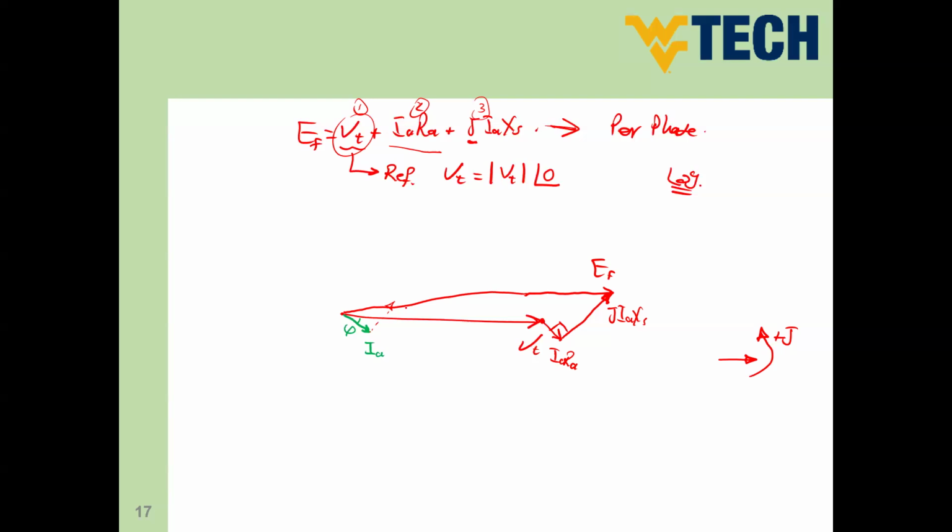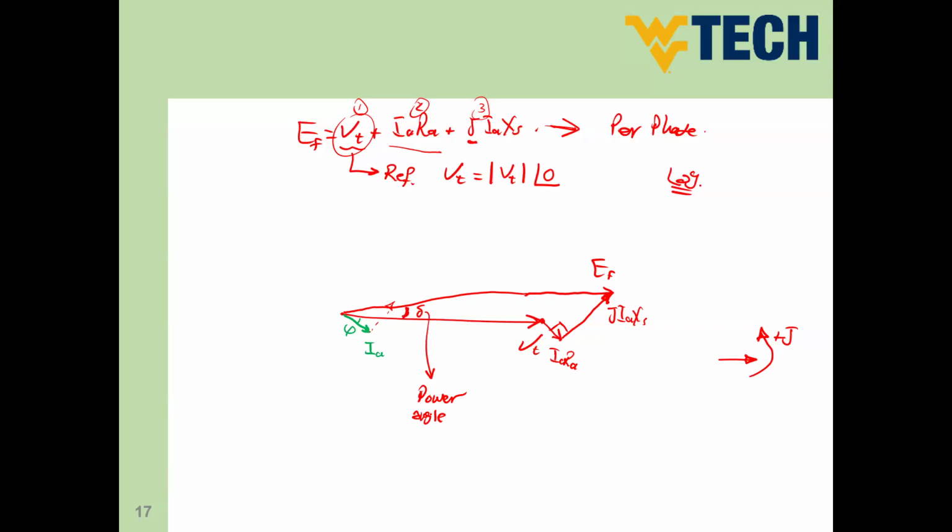The angle here is called delta, and we refer to delta as the power angle. Why is it power angle? We will see that in a few slides. But let's assume that the name now of the angle delta is power angle.